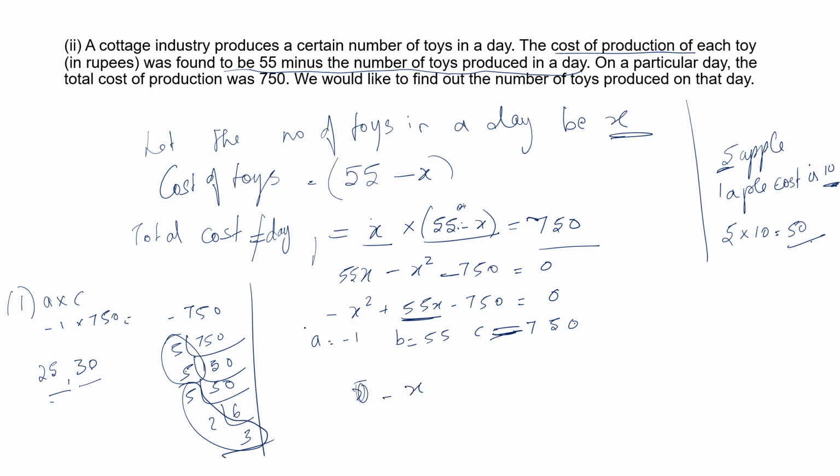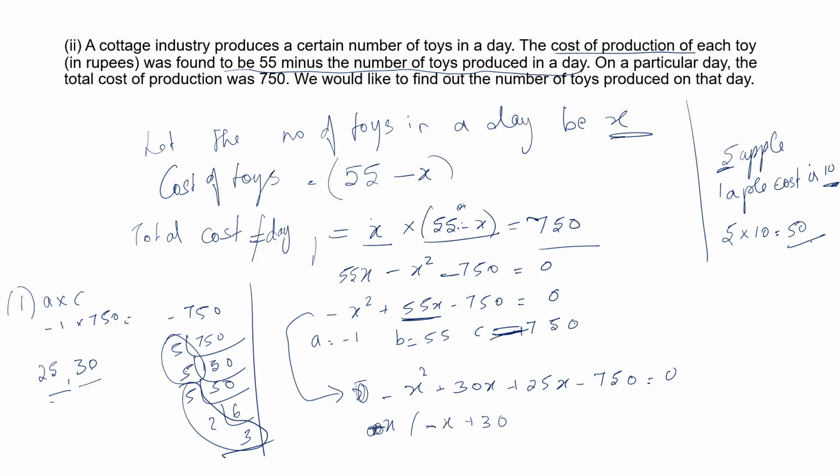Minus x square, this equation I am splitting: minus x square plus 30x plus 25x minus, this is plus, not minus, 750 equal to 0. So now I will take minus x common outside, minus x plus 30.